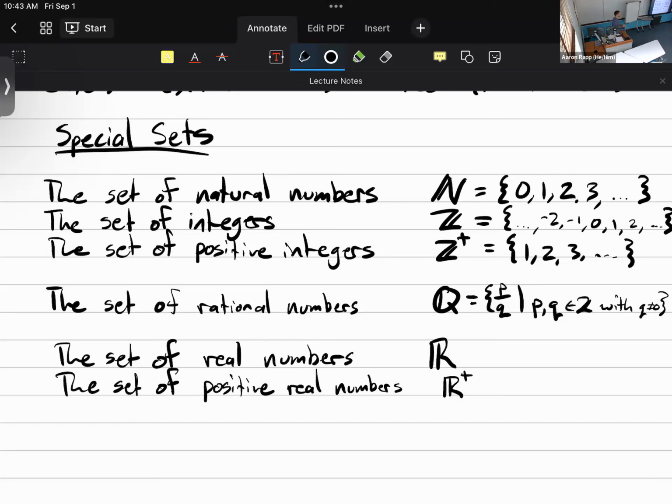And then there's one more set of numbers that you have dealt with that goes beyond the real numbers. Remember what it is. It's when you bring in imaginary numbers. When you join imaginary numbers with real numbers, you create the set of what numbers?